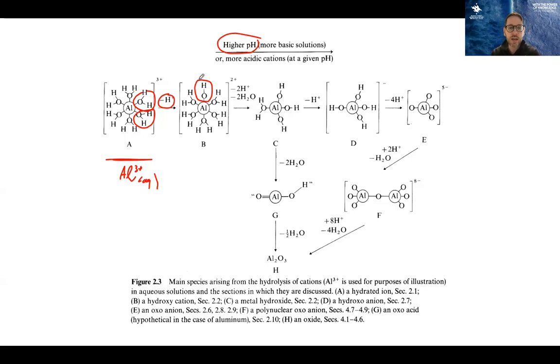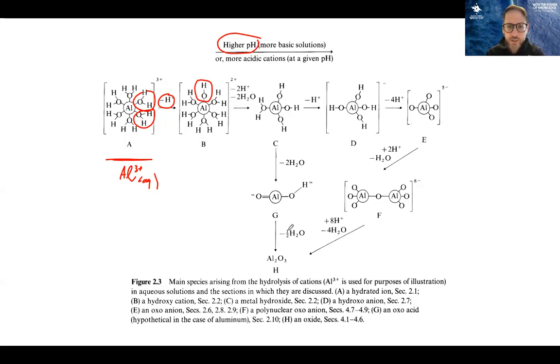So the presence of these hydroxyl groups enables condensation reactions to occur. And then this leads to the growth of this network into 3 dimensions, leading to the formation of this aluminum, oxygen, aluminum, oxygen, aluminum network in 3 dimensions.